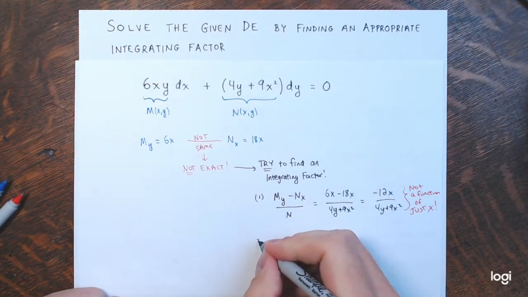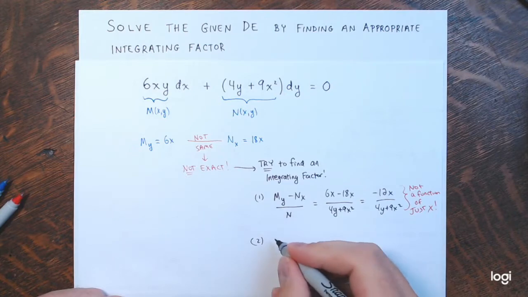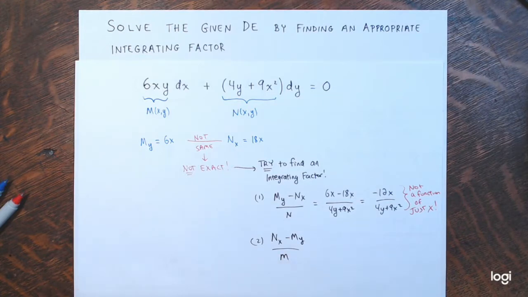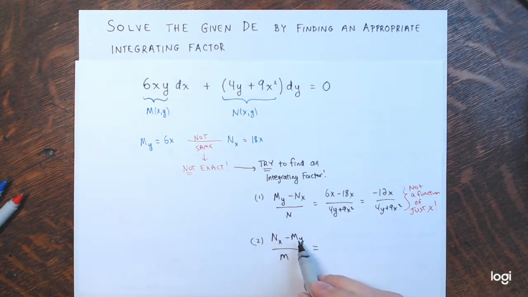So then I've got to move to that other expression, where I just do the opposite numerator and switch the denominator N with M. All right, so N_x minus M_y divided by M, and see if this is a function of just y. And if this is a function of only y, then I can get an integrating factor. So N_x minus M_y would just be 12x, right?